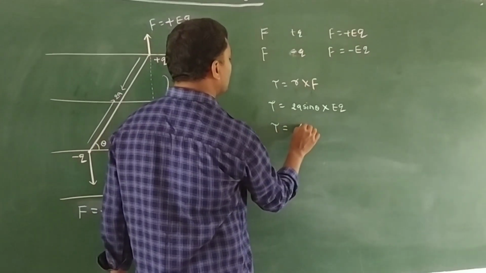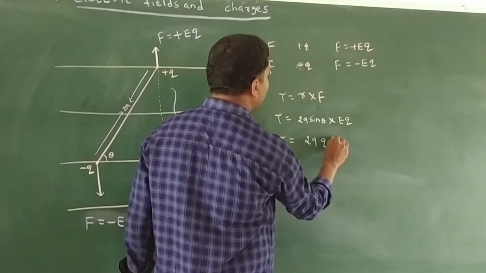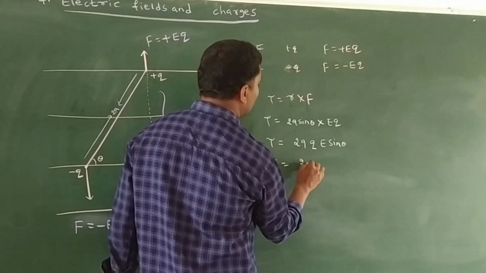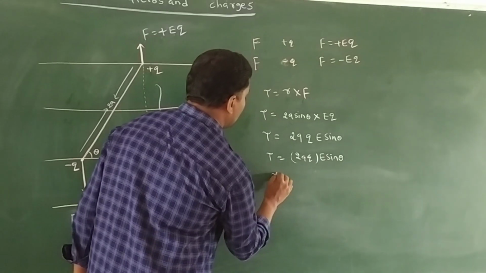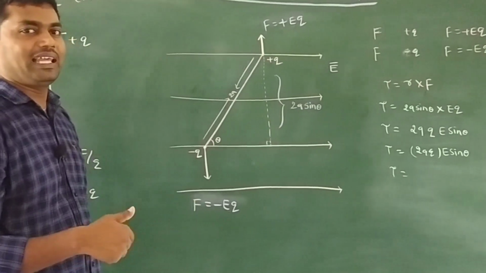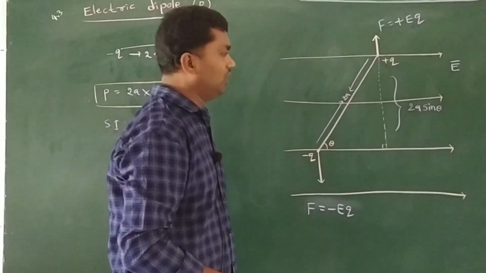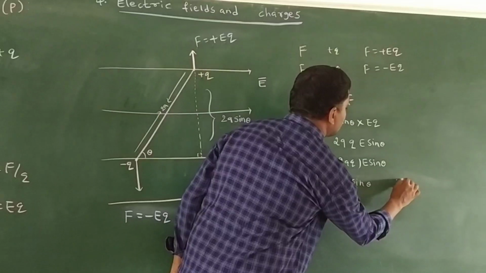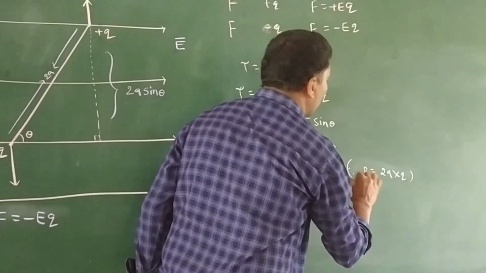So tau is equal to 2aq E sin theta. The term 2a into q is the definition of electric dipole, equal to P. So tau is equal to P E sin theta, since the electric dipole P is equal to 2a into q.